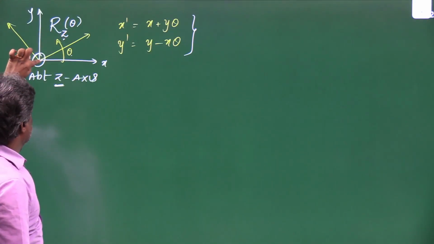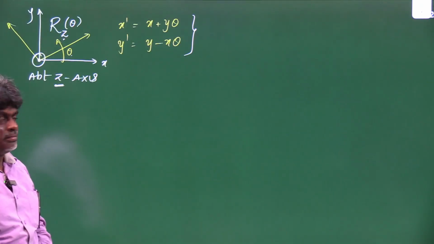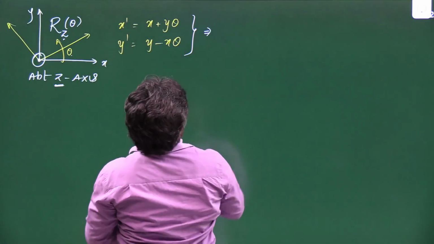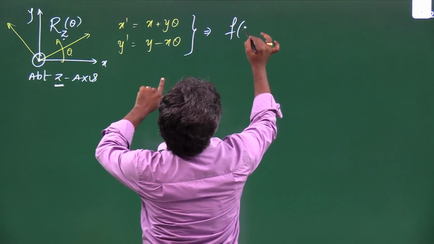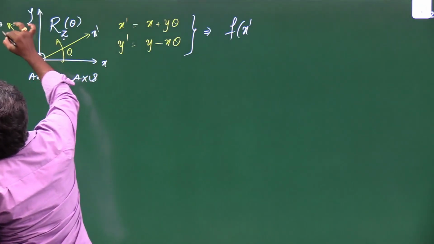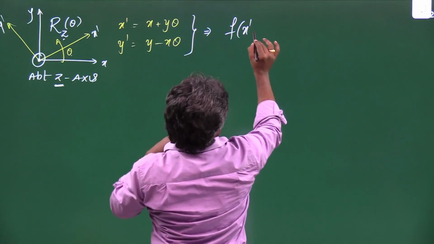Here I am rotating about z axis, that's why it is Rz of theta. Fine? Right. Okay. Now, could you please tell me, after rotation, what is my function? Means x is changed to x prime, y is changed to y prime. So what is my function after rotation?